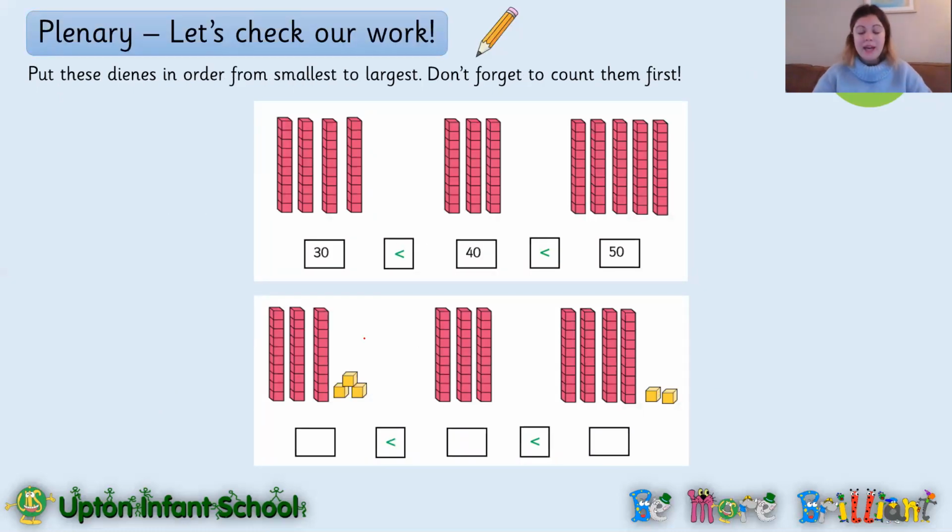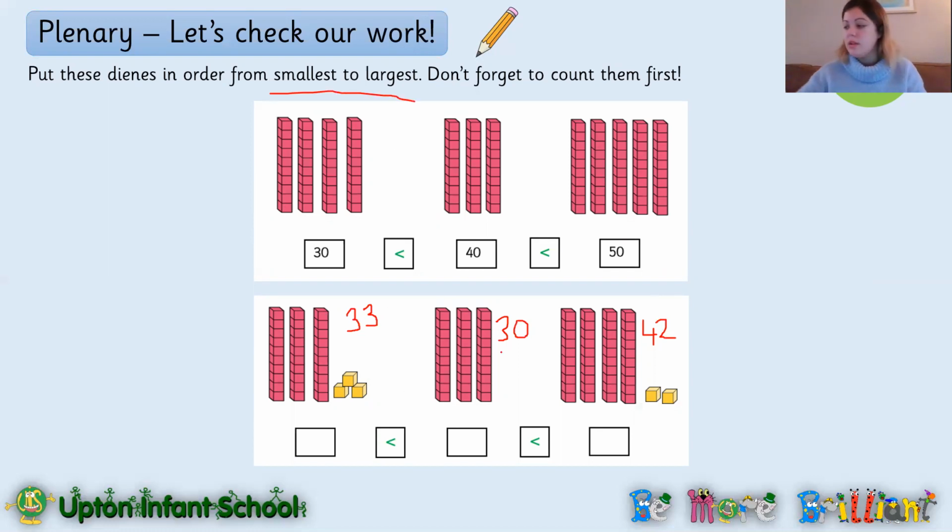Okay, so welcome back to your green challenge, and we will go through the answers. So this was asking us to put the deans in order from smallest to largest, and don't forget to count them first. So we have our 3 groups of 10 deans here and our 3 ones, so we have 33. We had 3 groups of 10 here and a 0 because we have 0 ones. And then we had 4 groups of 10 here and 2 ones. So we've got to put them in order from smallest to largest.